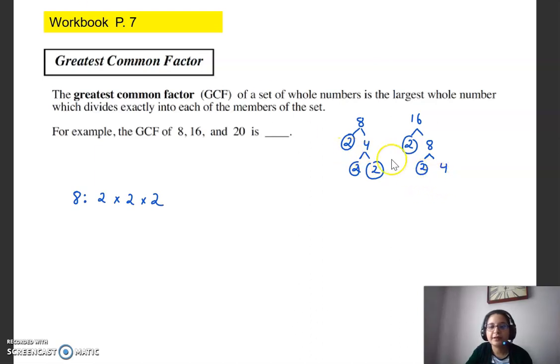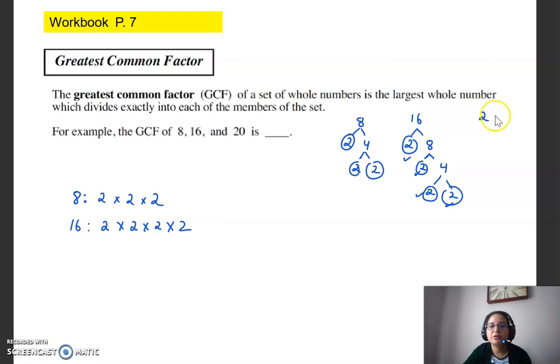Okay, there we go. Then this time we have one more prime factor, so it's going to be 2 times 2 times 2 times 2. So these are all the prime factors I got from 16.